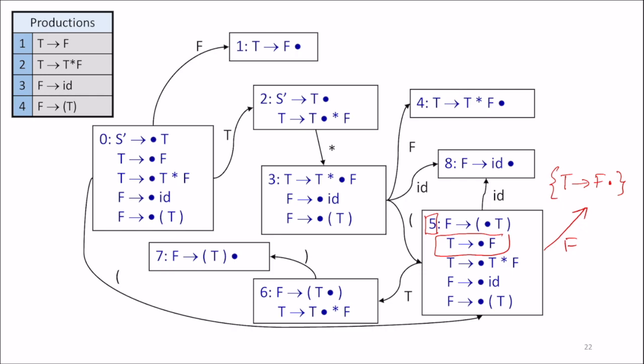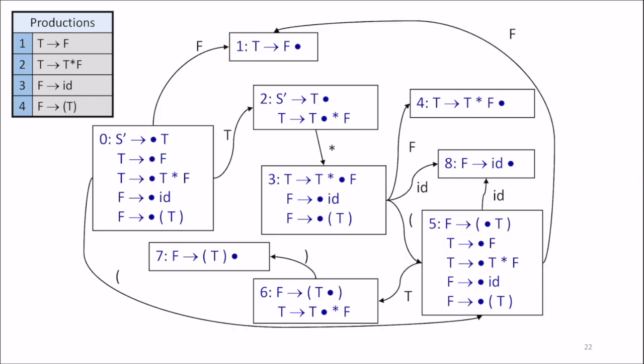And notice this is identical to state 1. So a transition from 5 on the successor function on F gives me state 1. I would draw a link between state 5 and state 1 and label the edge with F. I've added a transition from state 5 to state 1 on F.